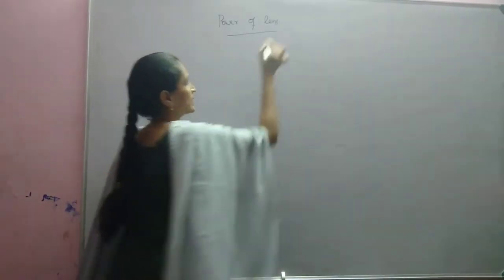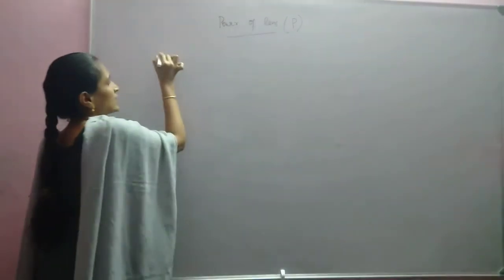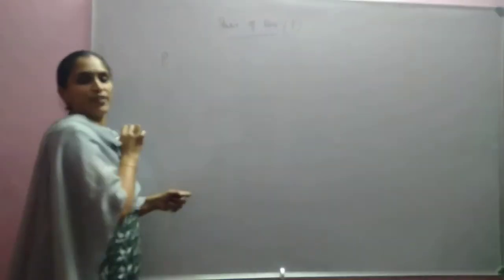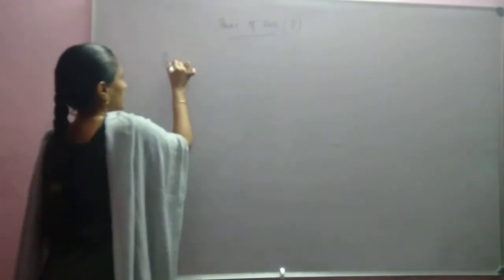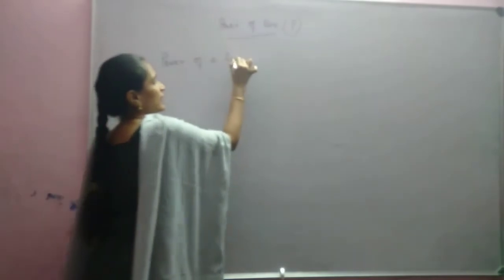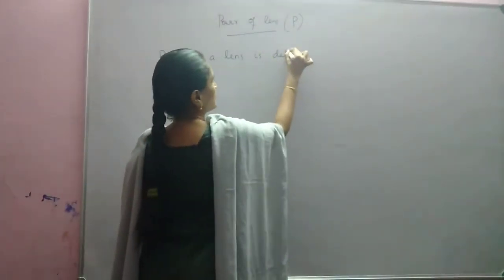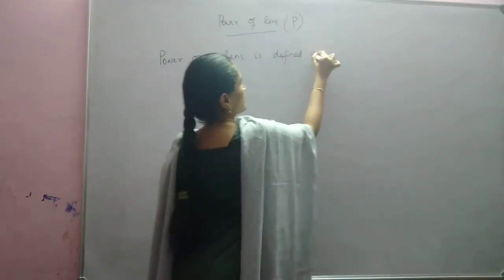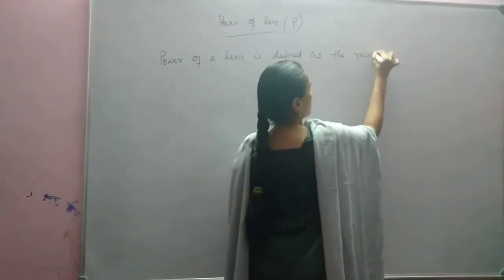It is represented by the letter P, and it is defined as the reciprocal of focal length.